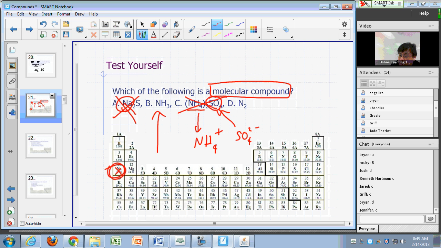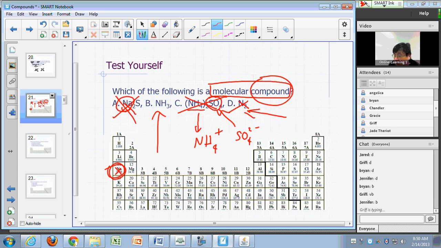Neither one starts with a metal, and neither one has NH4 in it. Which one is the compound? What's a compound? A compound is made up of at least how many elements? 2 elements.